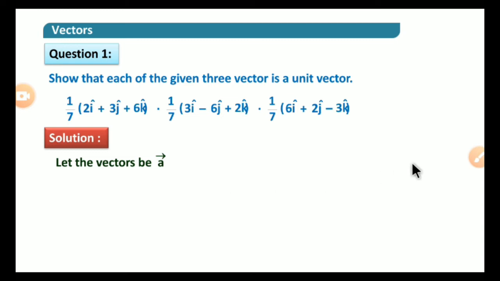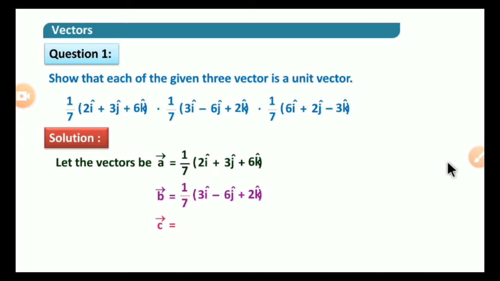Now let us consider vector A as the first one, that is 1 by 7 into the bracket of 2i plus 3j plus 6k. We have to show that this is a unit vector. Similarly, we can consider the second vector B equal to 1 by 7 into the bracket of 3i minus 6j plus 2k, and the third vector C equal to 1 by 7 into the bracket of 6i plus 2j minus 3k.